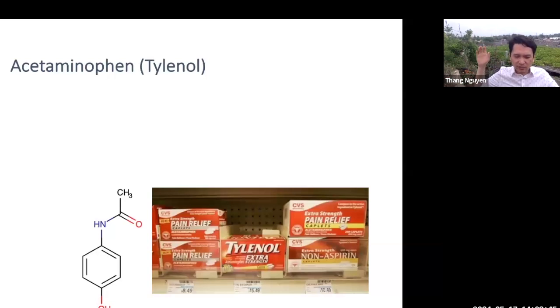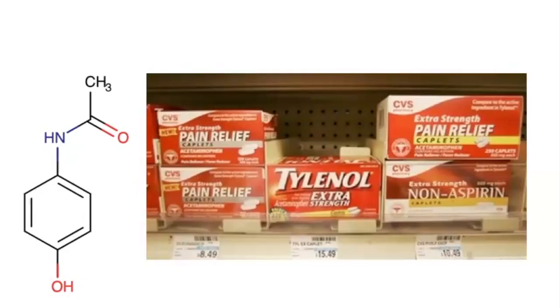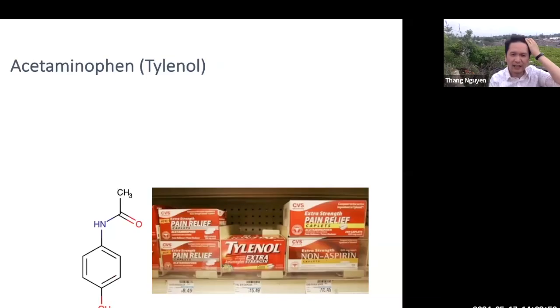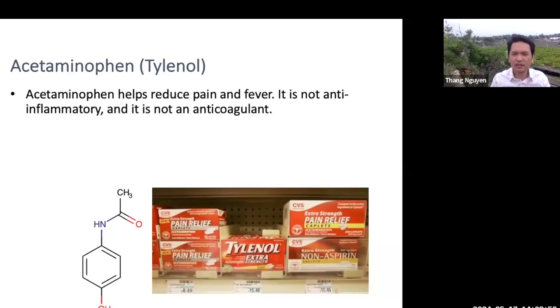Now, here comes in Tylenol. Okay, so the generic name for Tylenol is acetaminophen. It turns out acetaminophen also helps reduce pain and fever, so it does the same thing as the NSAIDs, right? But it is not an anti-inflammatory and is also not an anticoagulant.